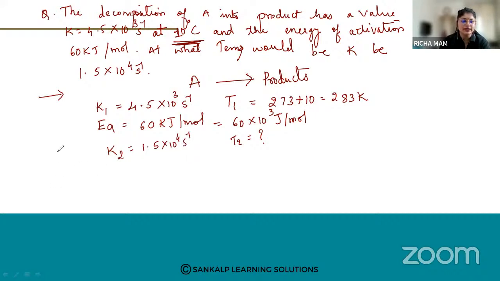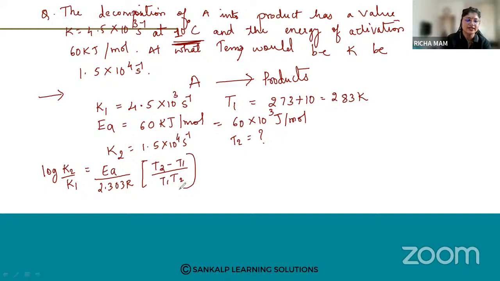Now let us use the formula: log of K2 by K1 equals Ea by 2.303 R into (T2 minus T1) by T1 T2. Now let us substitute all the values.